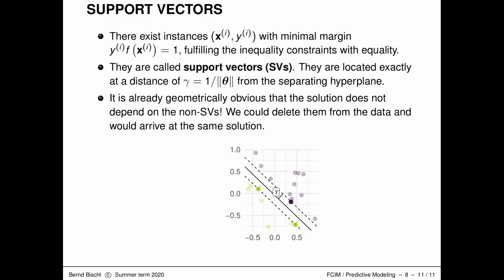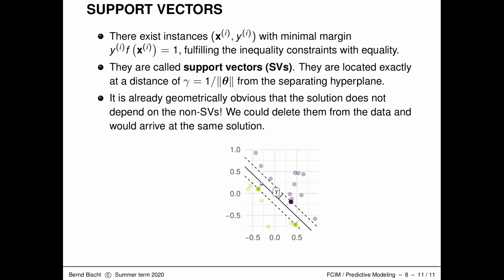They're called support vectors because in a certain sense they span and define exactly the position of my hyperplane. I will actually prove that pretty formally later on, that they really span, also in a linear algebra sense, the structure of my hyperplane.